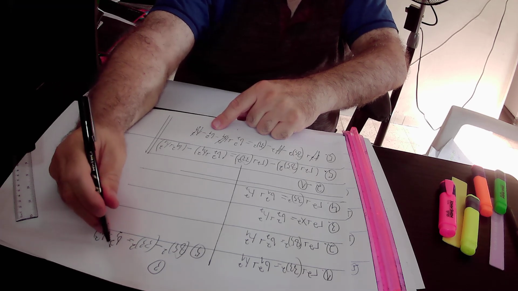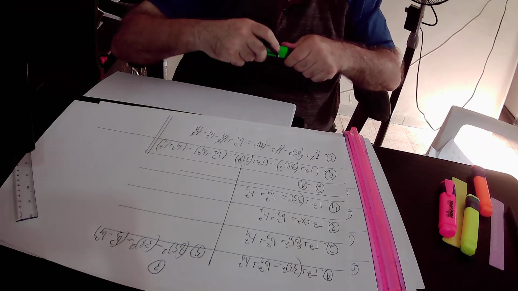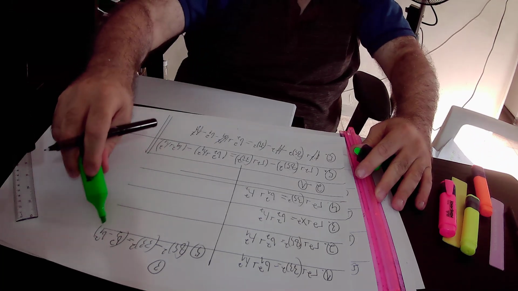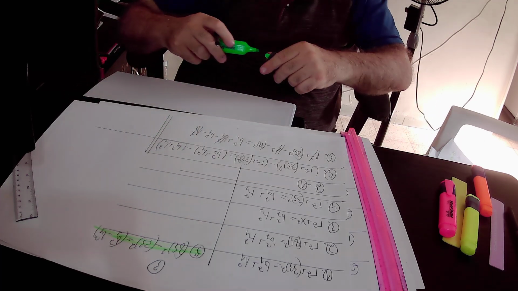So actually we found out that according to equation number 5, 85 squared minus 33 squared equals B2 squared minus B1 squared.